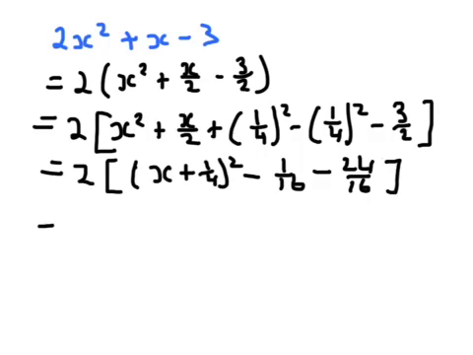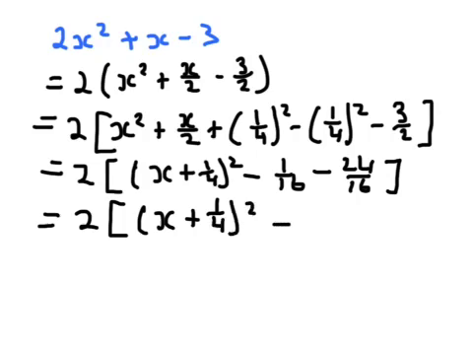And what have we got? Okay, so just tidying it up a touch, we've got 2. We're going to need our square brackets. We're not doing much in the early stages of this line. (x plus a quarter) squared minus, okay, so we've got minus 1/16 minus another 24/16, so that's minus 25 on 16.